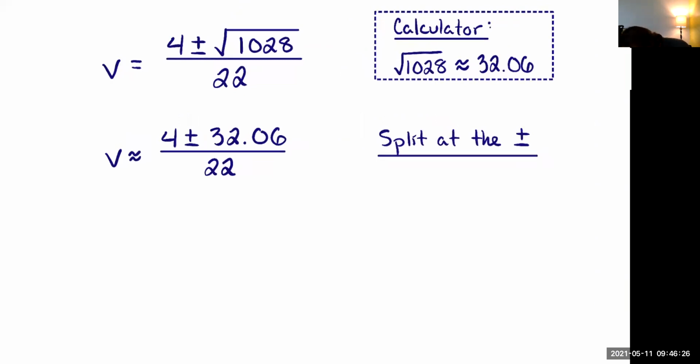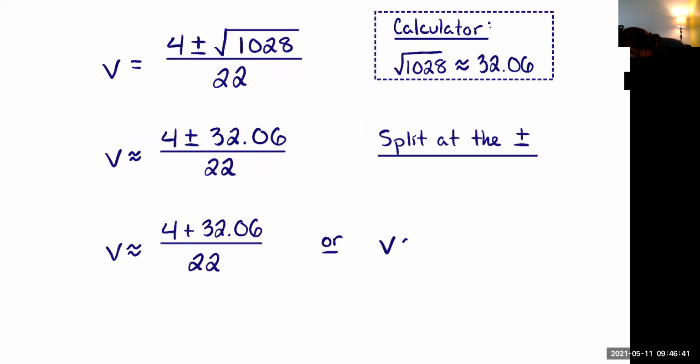So Sean said B is approximately 4 plus 32.06 divided by 22. Or B is approximately 4 minus 32.06 divided by 22.